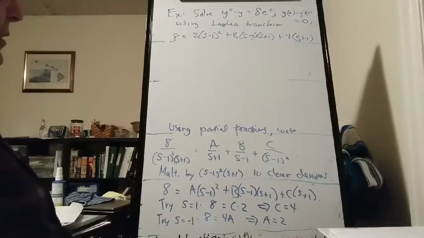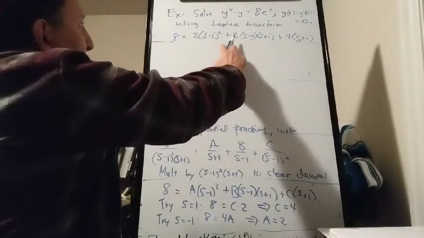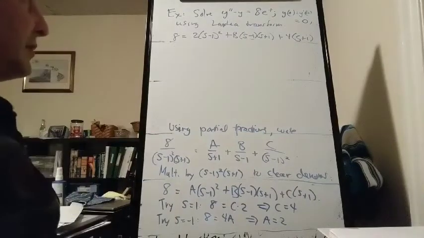Alright, we could compare the constant terms on both sides of the equation, or the coefficients of s, or the coefficients of s squared. Or we could try plugging in another number for s and see if we're lucky. If we plug in another number for s, we're just going to have an equation in one variable, B, which we can probably solve.